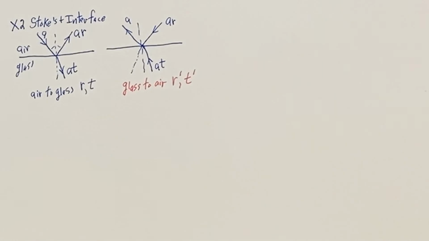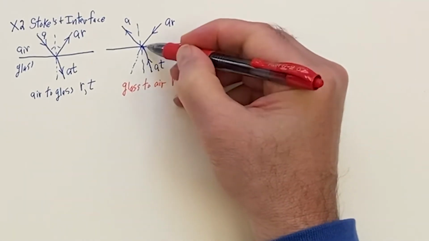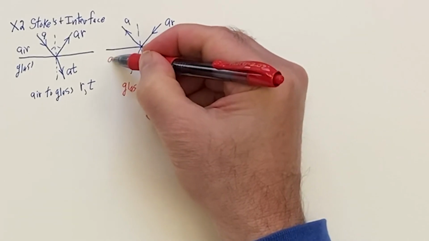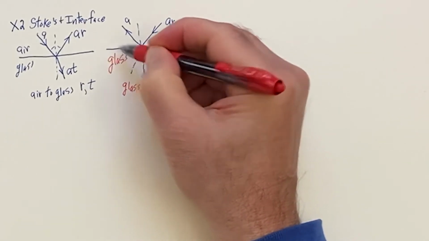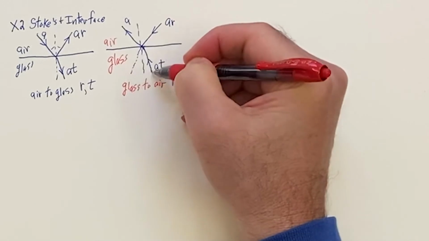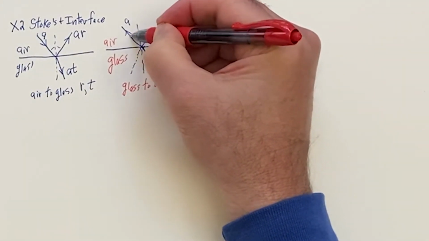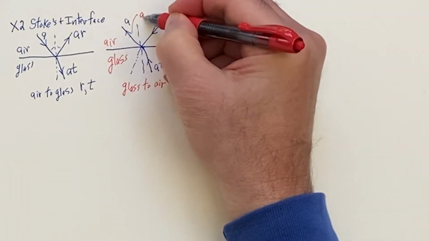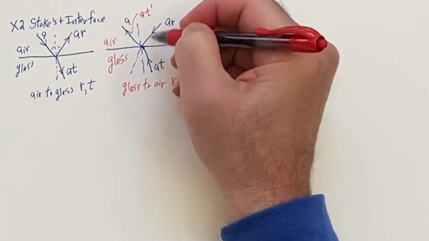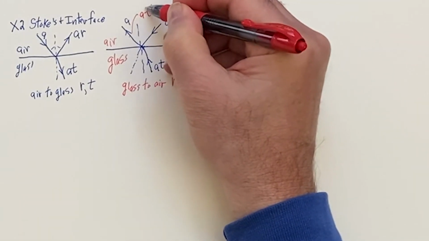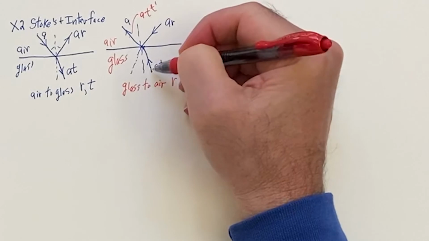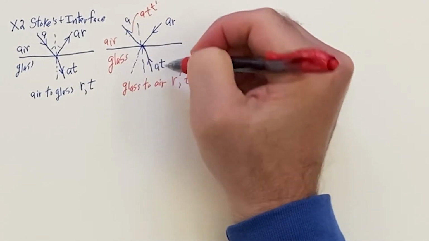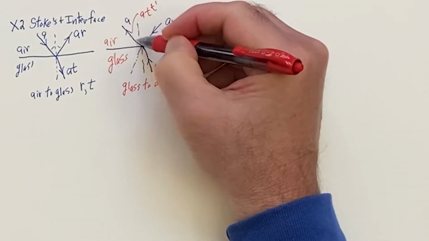So now let's look at what we're going to get here. If you're going from AT, this is your glass, and if you're going from glass to air, then you're going to hit that with a T prime. So it's actually AT T prime, because it's this one, AT, and then you hit a T prime on there to get this.